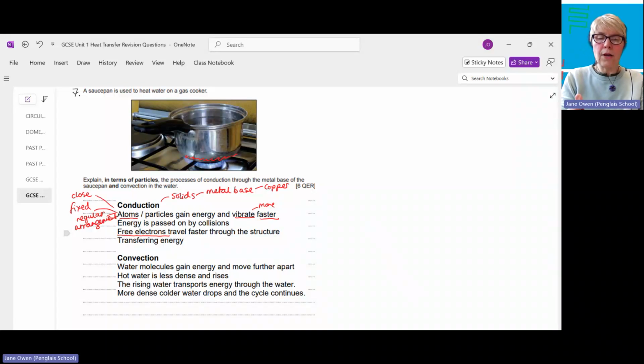But you've also got free electrons, and they can move. If they gain energy, they will gain more kinetic energy, and they will move faster because they've got more energy because they've been heated. Again, they collide because they are free to move, unlike the neighboring atoms.